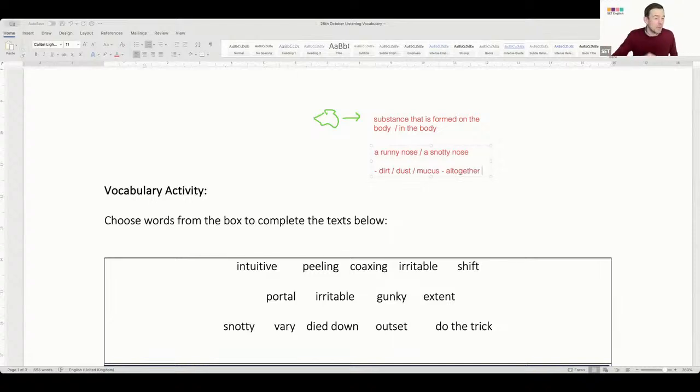But there is another meaning of snotty. Maybe I'm wrong, but when you were at school, I think that this might sound sexist. I'm not trying to sound sexist, okay? But if you change school when you're 15, it's difficult, isn't it?